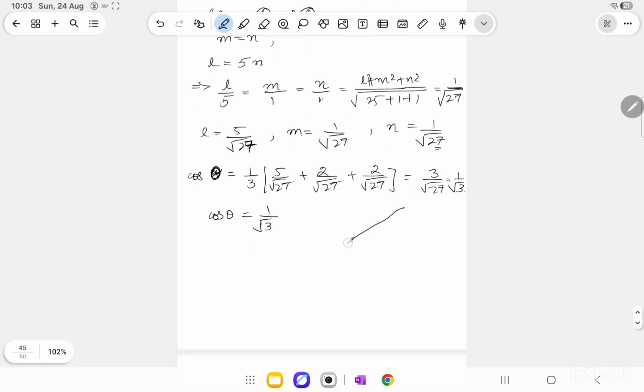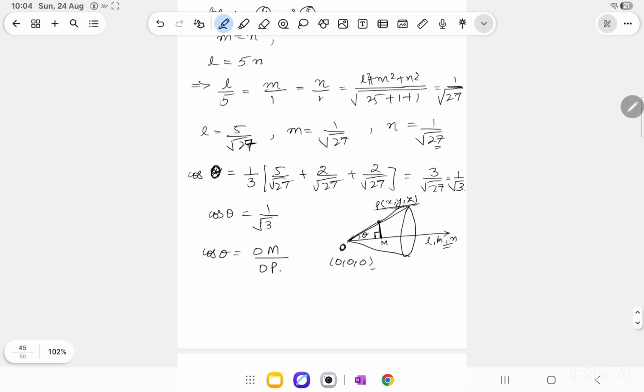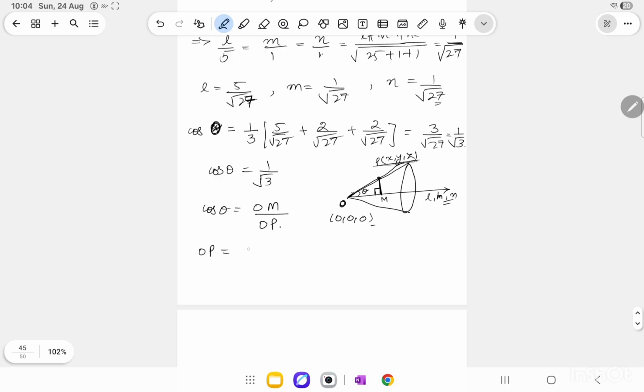If this is my cone, I have the direction cosines of the axis, l, m and n, and P as (x, y, z), any point on a generator, and I draw a perpendicular on the axis line, let us name its foot M. So my cos theta will be equal to OM by OP, and since I have assumed P as (x, y, z) and O is the origin, using the distance formula I'll get OP as root of x squared plus y squared plus z squared.